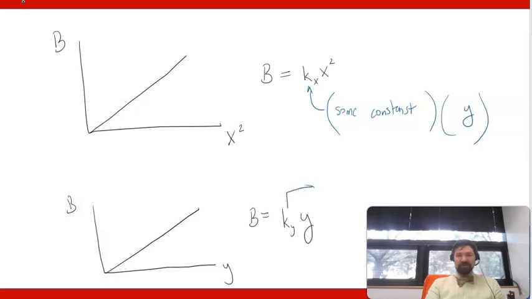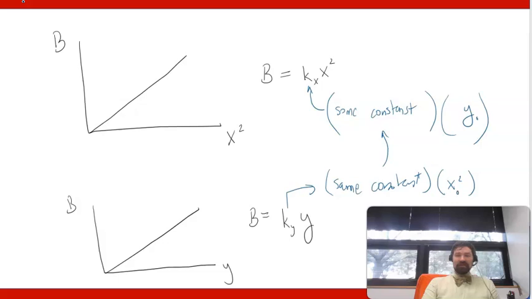This one right here would be the same constant, as this, times x squared. And maybe we should call this y naught and x naught, or x naught squared. So this y naught would be 4 centimeters, this x naught squared, 5 centimeters squared. May need to convert those units.